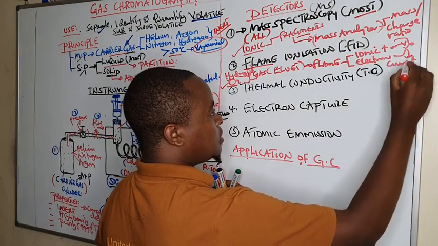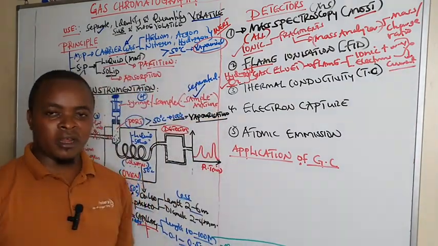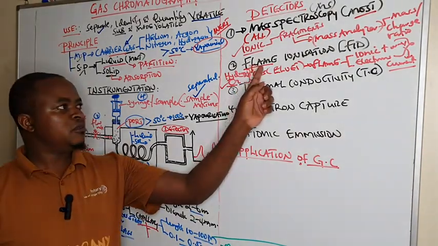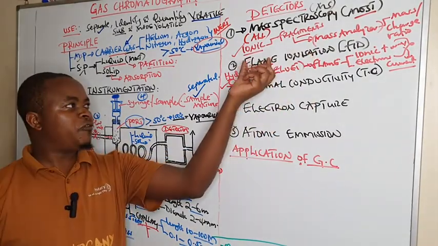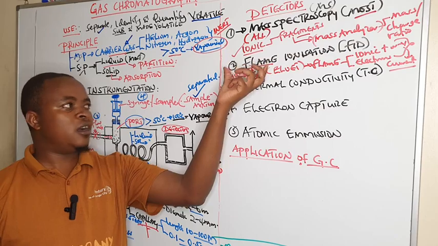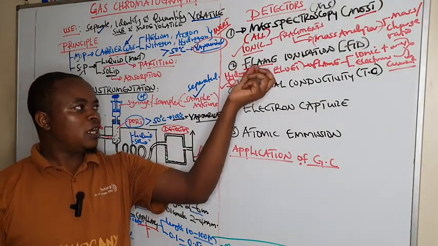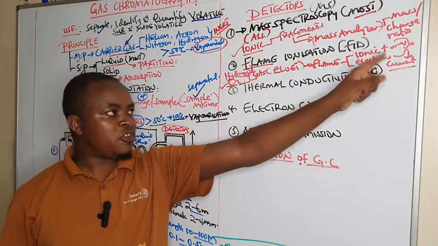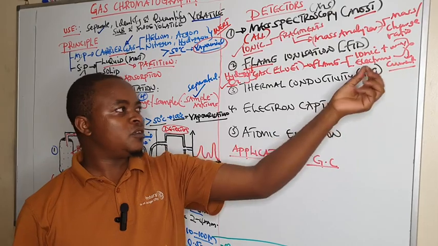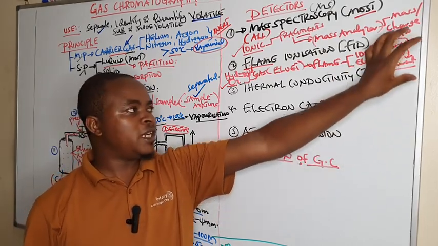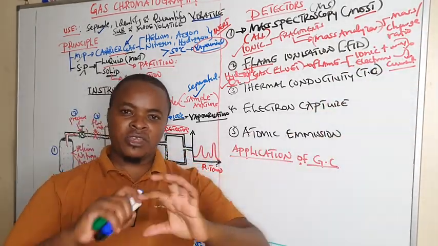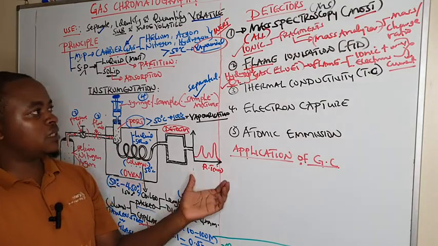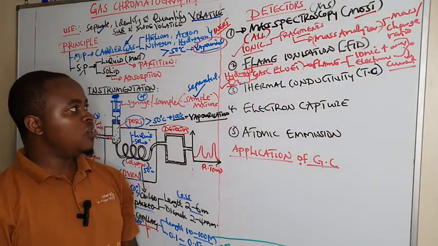And this current is the one that is displayed on the recorder. That is flame ionization. The flame, or the burning fire, converts the volatile substances into either ions, positive and negative, or electrons, which are detected as a current within the electric field and displayed on the recorder. That is how flame ionization works.